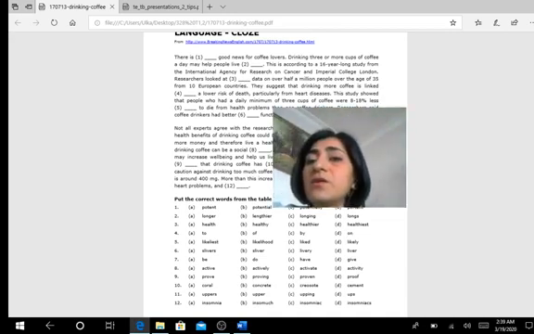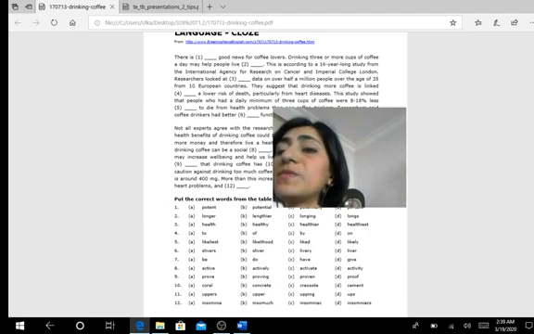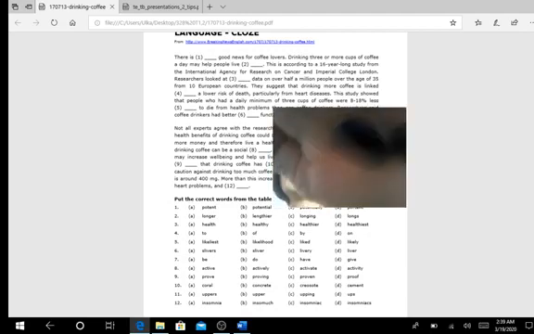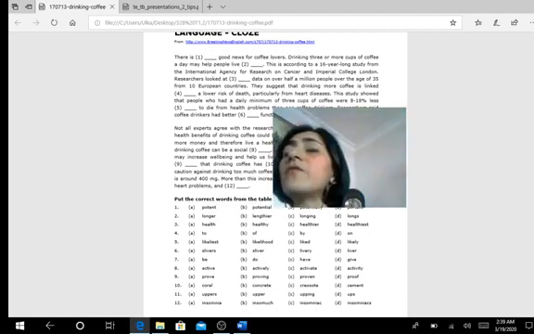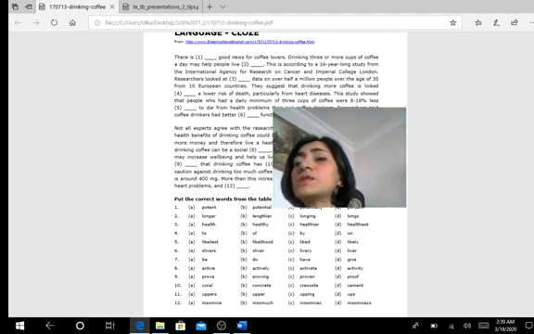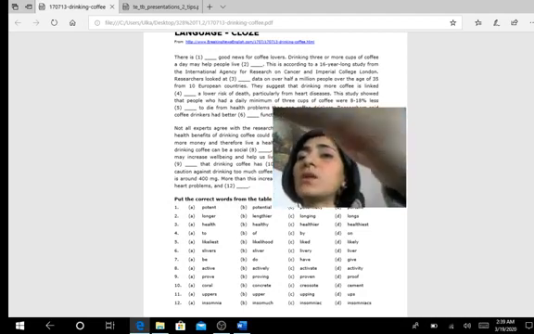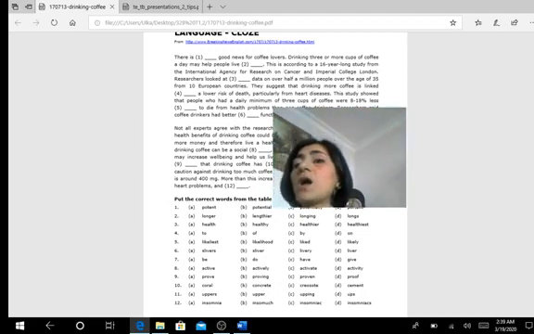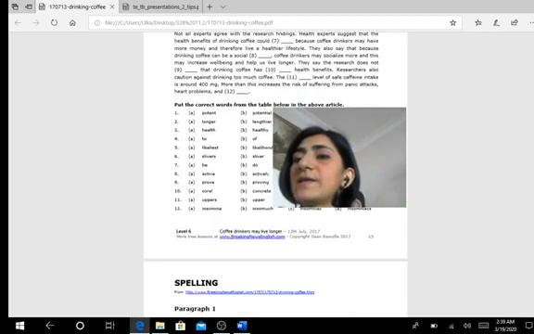You see them here. Put the correct words from the table below in the above article. The article is above. So from these 4 options, 4 variants, you can choose the best word. You can do it while listening, but I would suggest to do it after listening without the recording, so that you check your memory and your understanding.